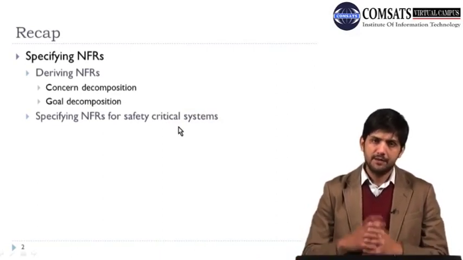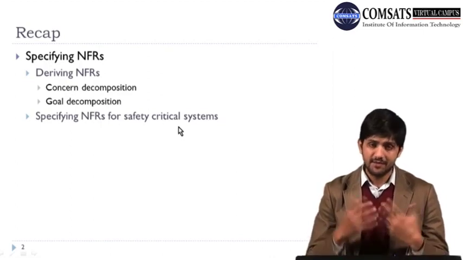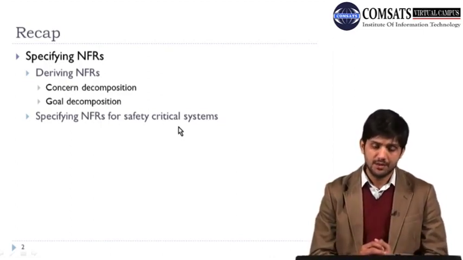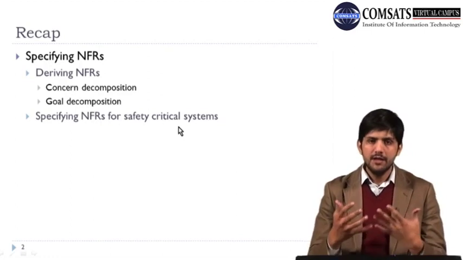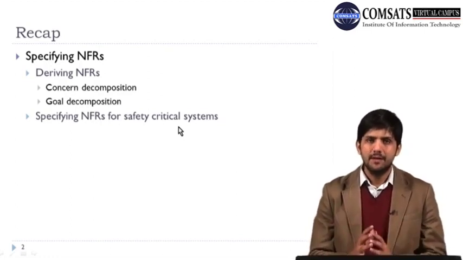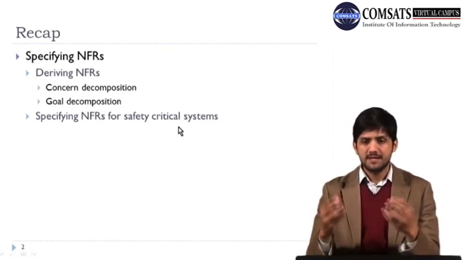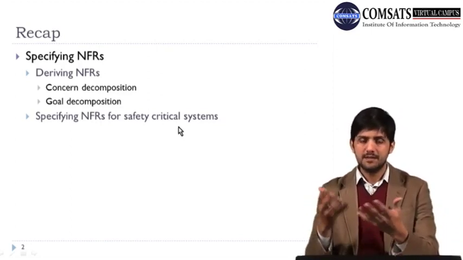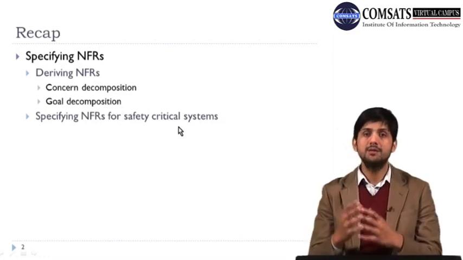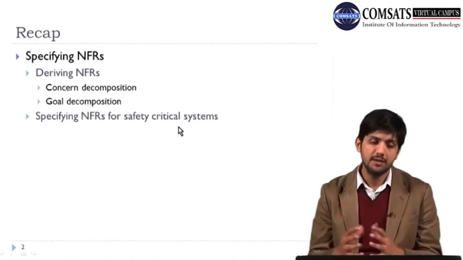So we started talking about specifying non-functional requirements in our last lecture, and generally we talked about how specifying non-functional requirements is slightly difficult in comparison to the functional requirements. The way we specify requirements at times distinguishes between what can become a functional or a non-functional requirement.